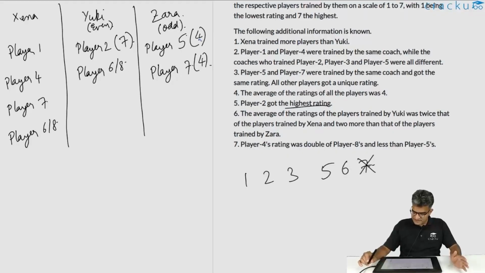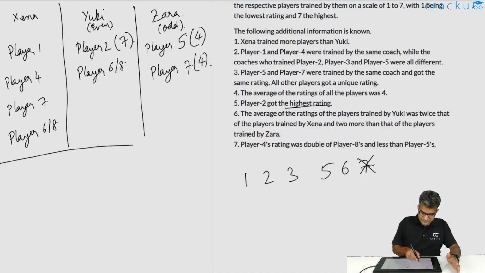The average ratings of the players trained by Yuki was twice that of the players trained by Zena, and 2 more than the players trained by Zara. So if you call the average rating of Yuki's players A, this is twice the average of the players trained by Zena, so Zena's average will be A by 2.